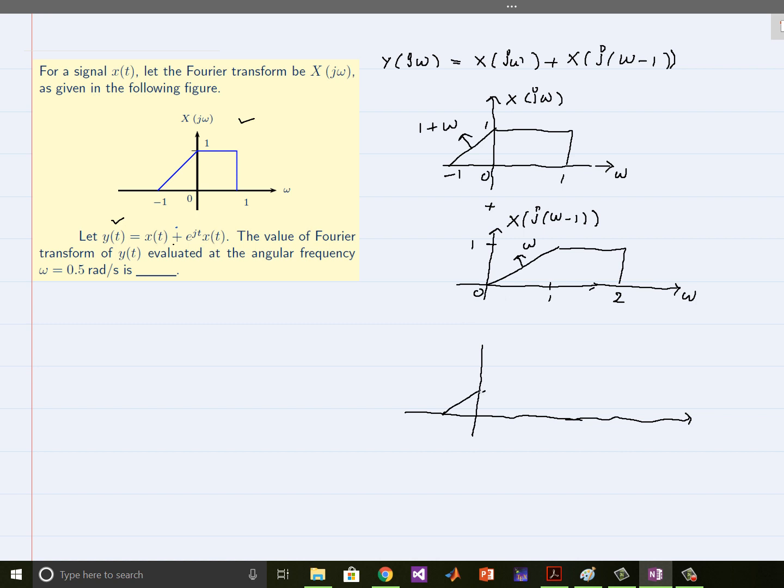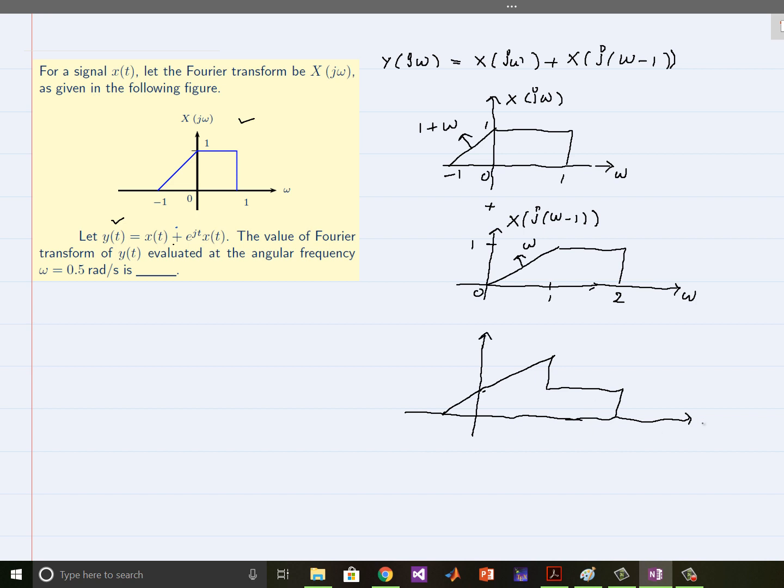After that, between 1 and 2, this one is 1 and the other is 0, and hence we will have a sudden discontinuity, and after that you will have a constant line of amplitude 1.